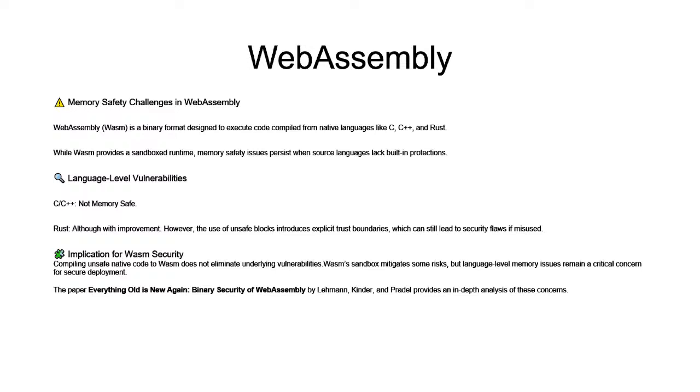The binary security work on WebAssembly by Li, Han, Kinder and many other security groups demonstrated it's even possible to do things like control flow violations. They can control the control flow of the WASM program, just like in a native program, to do something like cross-script side attacks. That's the problem: if your C and C++ code is not memory safe, putting it in WASM doesn't make it safe.